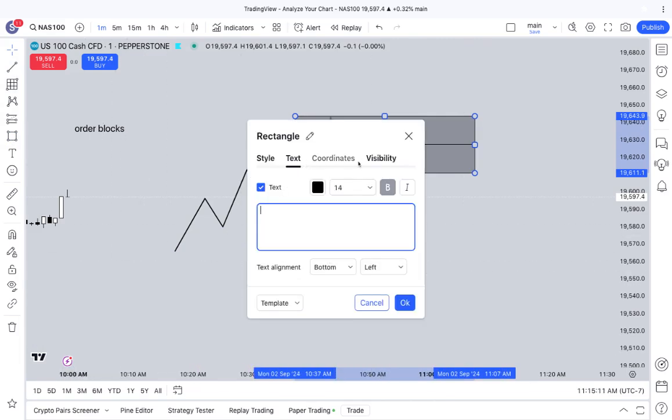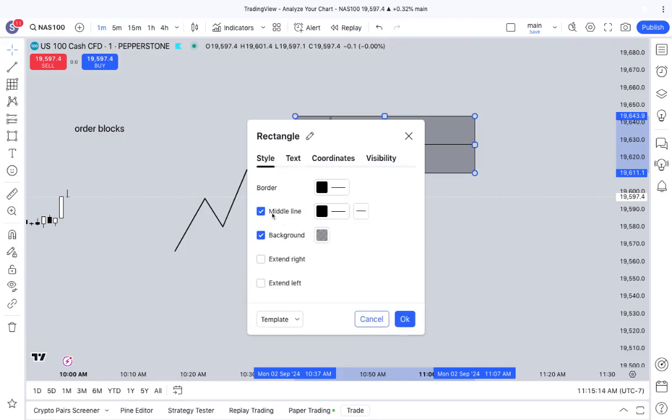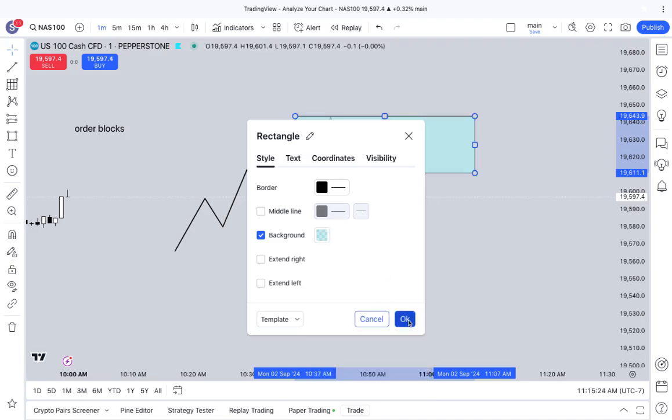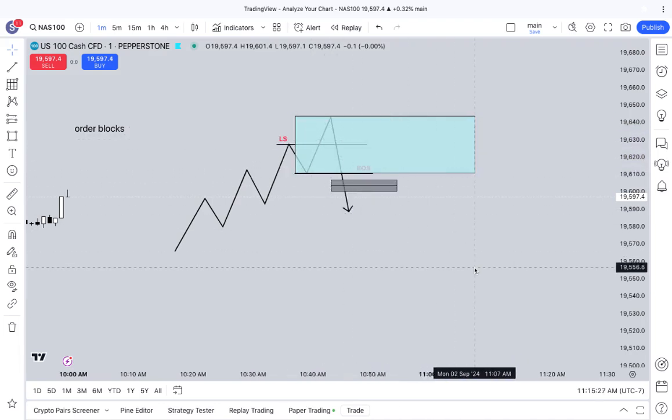Remove that middle line, make it yellow, it doesn't really matter. But basically that's what the order block will be.